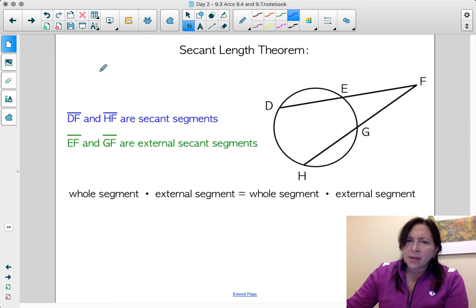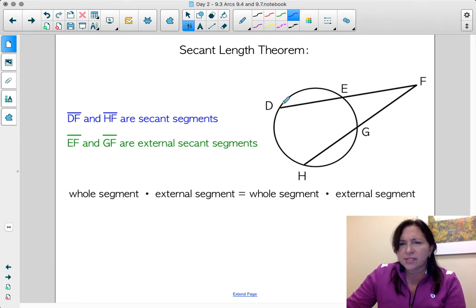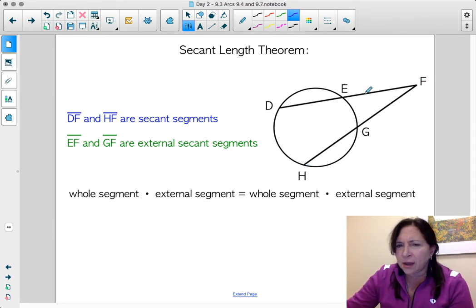Our next theorem is the secant length theorem. If you notice, we have two secants. We have secant DF and secant HF. Both of these have an external part: EF is the external part of one, and FG is the external part of the other.